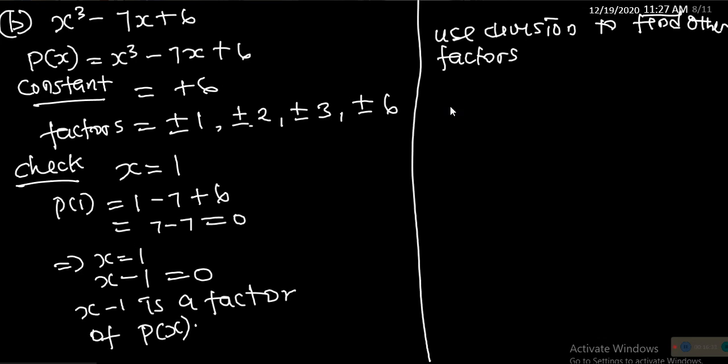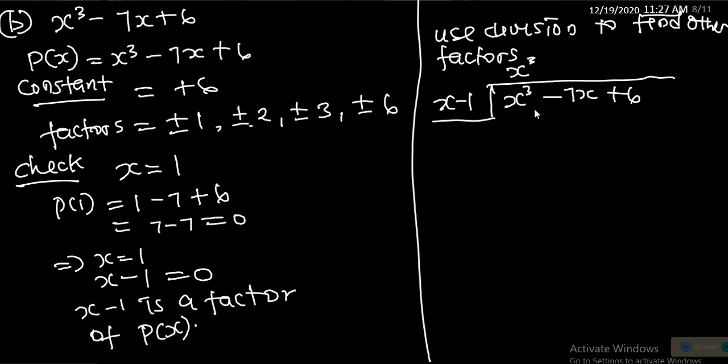So we are going to divide now. The dividend will be our polynomial expression x cubed minus 7x plus 6, and the factor x minus 1. So x in x cubed, we have x squared. So multiply, you have x cubed minus x squared.